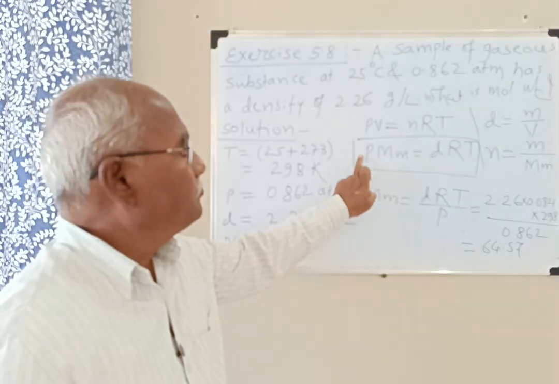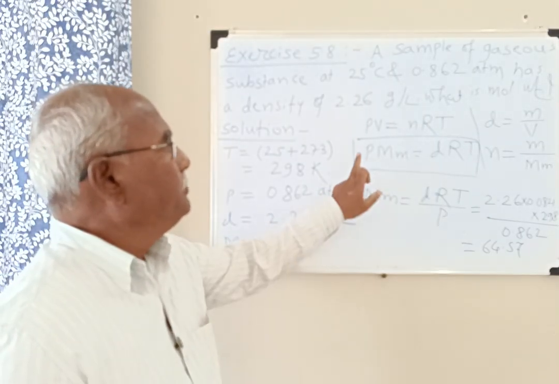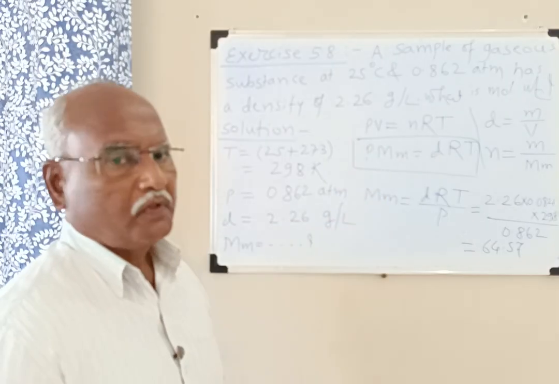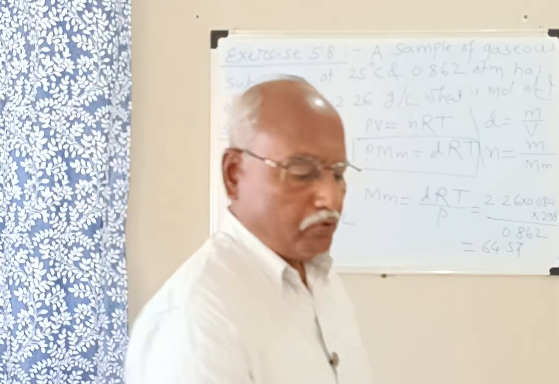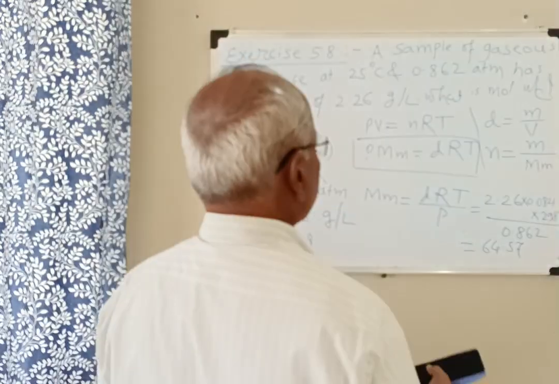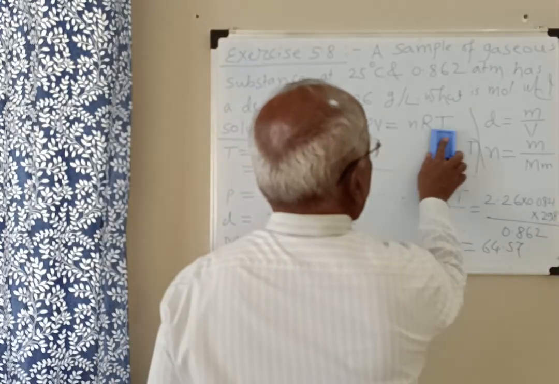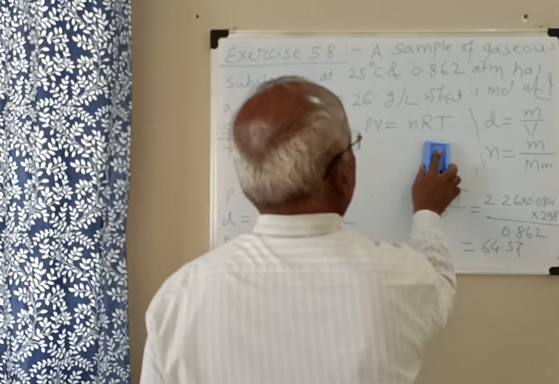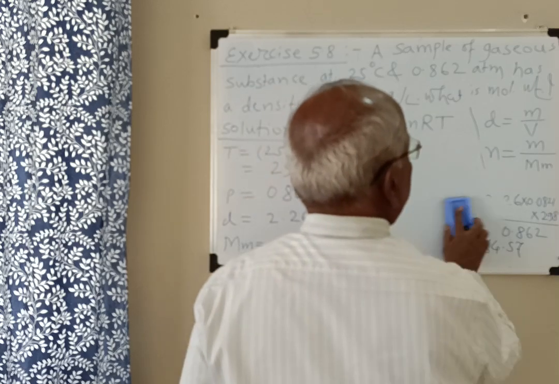So I solved this problem by using this equation. Now I am going to solve the problem by using PV is equal to nRT.